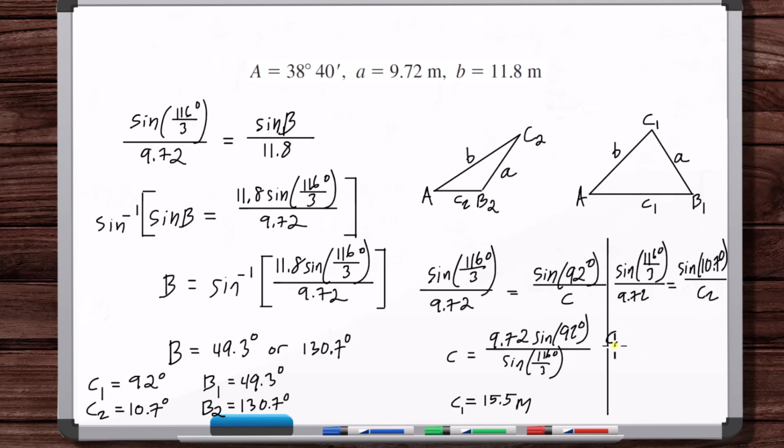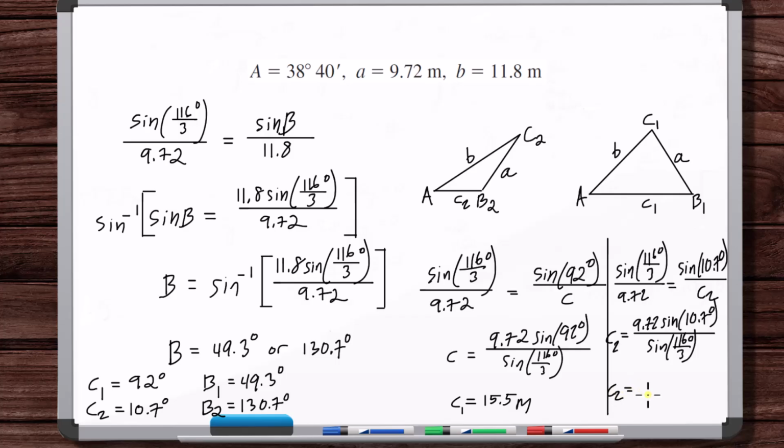So C2 is 9.72 sine of 10.7 degrees over sine of 116 divided by 3 degrees.